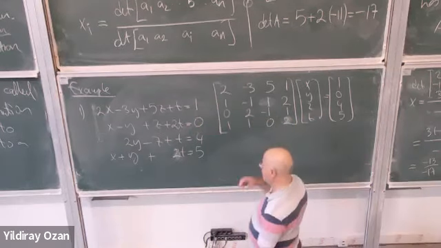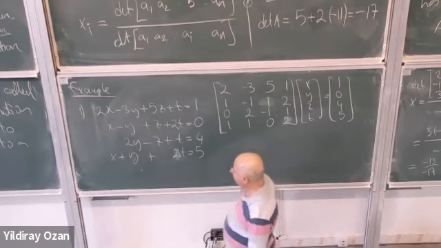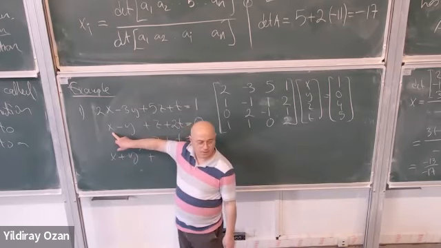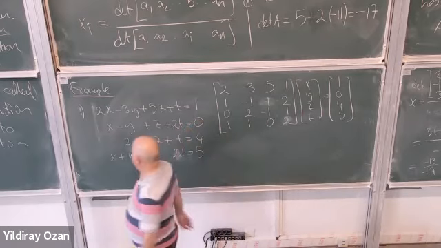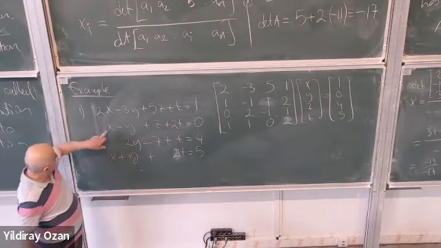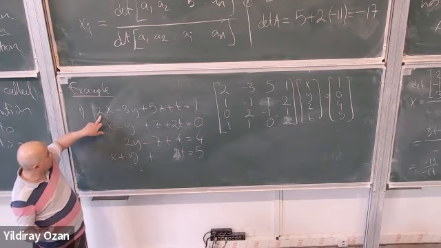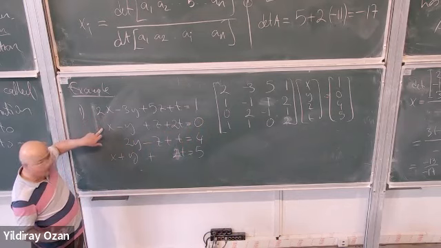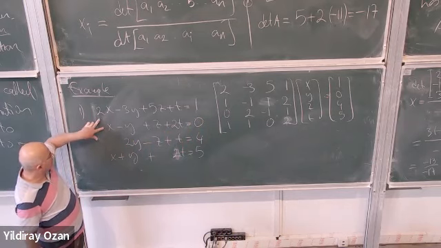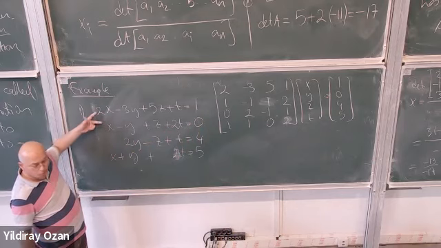For example, let's say I want to get rid of this x here. Well, I can just multiply this equation with -1/2 and add to this one and get this one 0. But instead, let me first interchange these two, okay, and have 1 here.